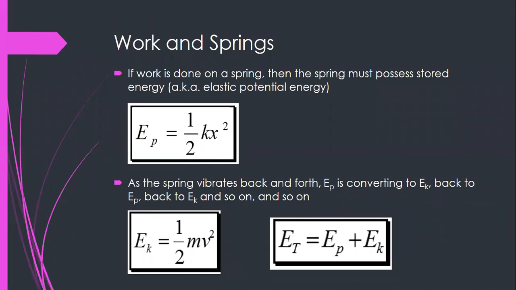If work is done on a spring, then the spring must possess stored energy, which is known as elastic potential energy. The equation for that is this: potential energy is given as 1/2 multiplied by K times the square of the displacement X, where X stands for the displacement and K stands for the spring constant.